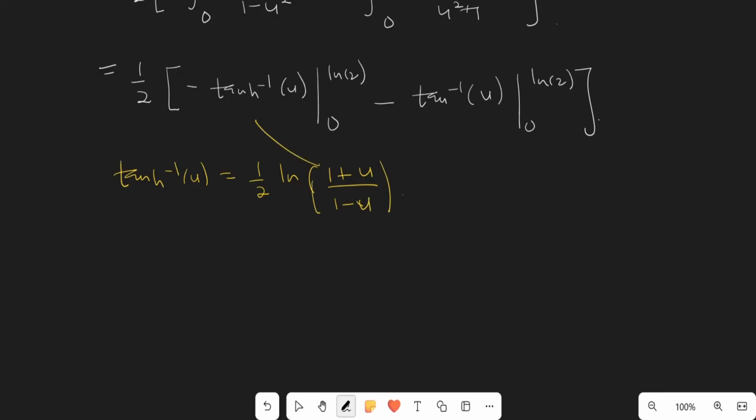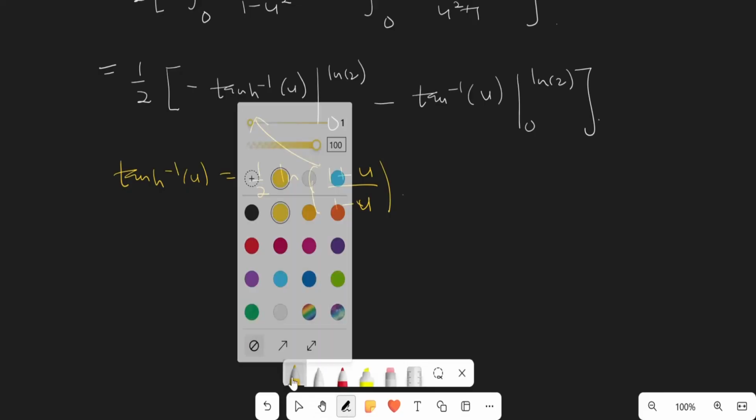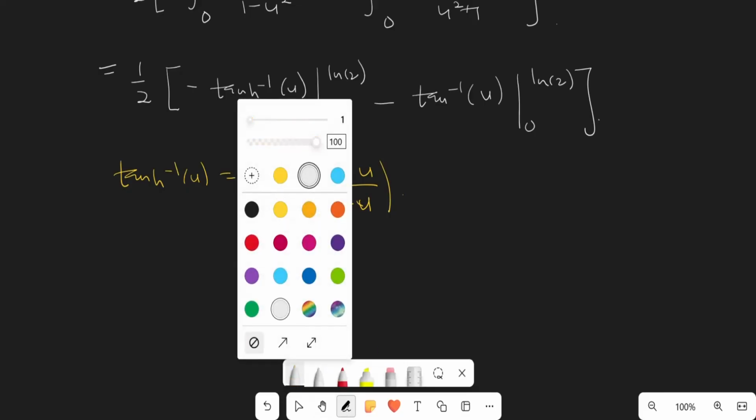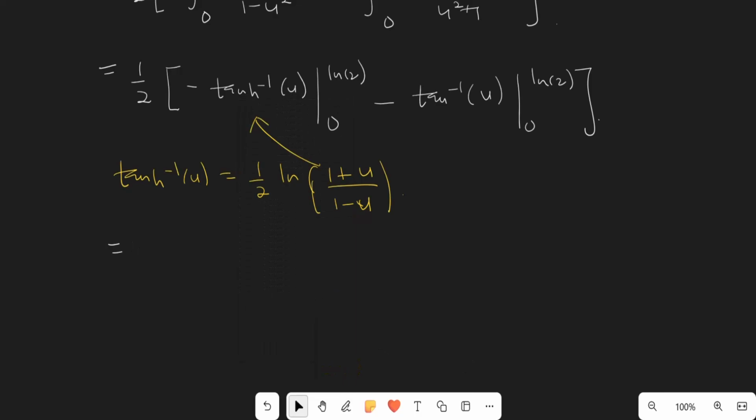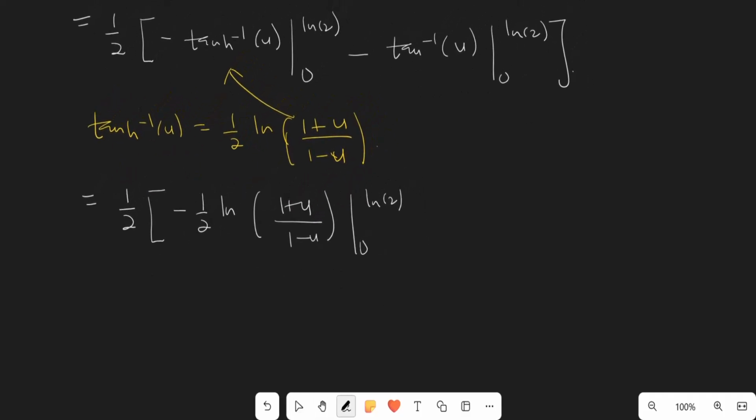So we can plug that into our integral, and that is going to reduce to 1/2 times negative 1/2 ln of 1 plus u all over 1 minus u from 0 to ln of 2, we are not putting in our limits yet, minus the tan inverse of u from 0 to ln of 2.